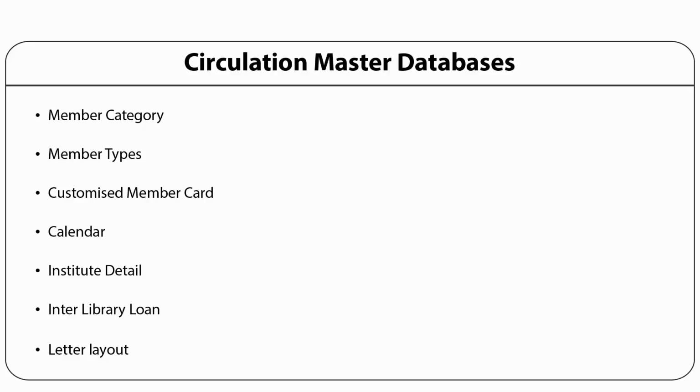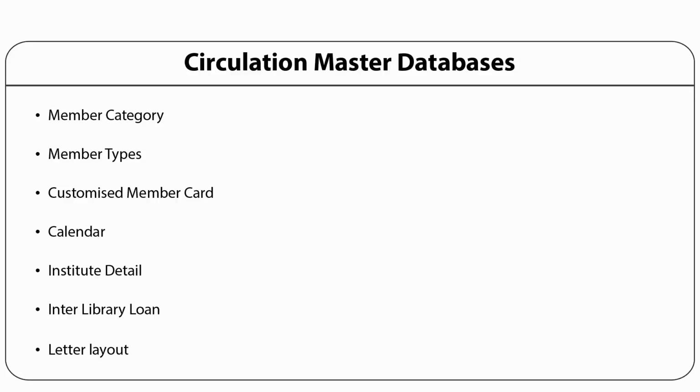Under each institution, a number of departments can be created along with courses available in the departments and the designation of the different users of that department. This information is useful in creation of membership, wherein institute, department, course, and designation of the user can be selected from the drop-down menu.